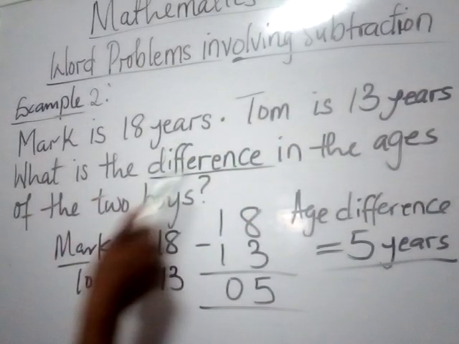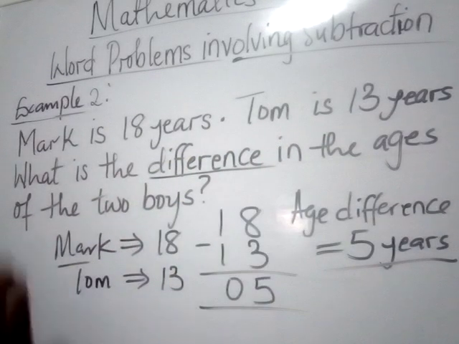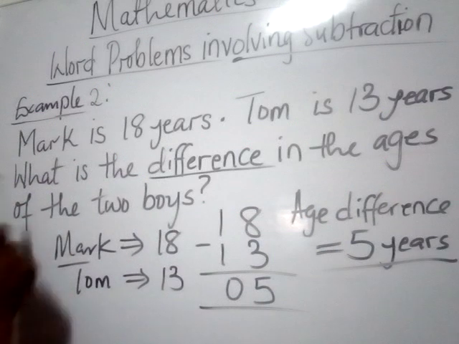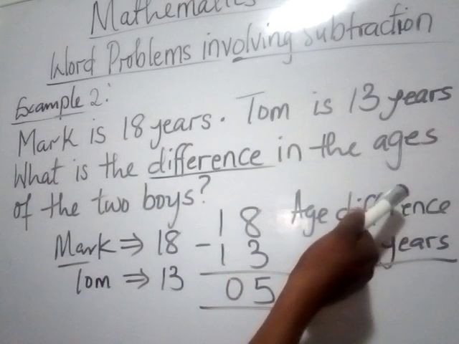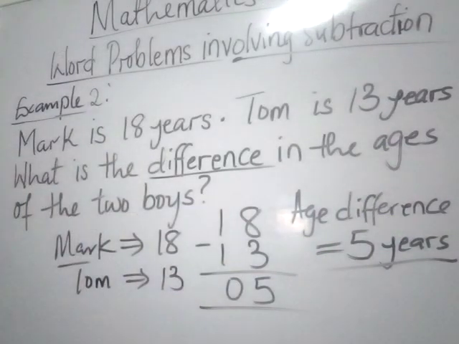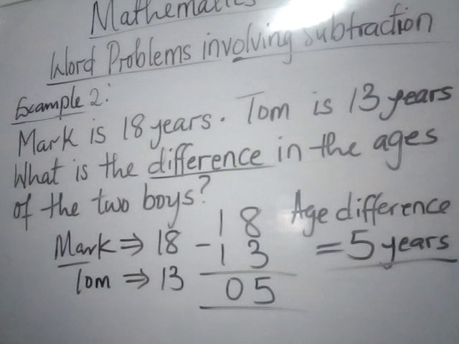How many years older is Mark? Or it can also read how many years less or younger is Tom. Okay, so there are different ways these word problems can go, but once you are able to take note of the key words that help you to know that subtraction is required, you won't have problem.